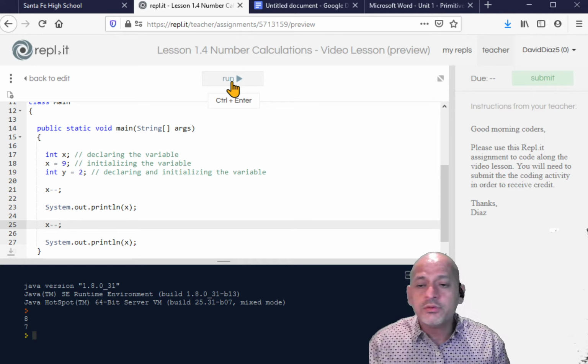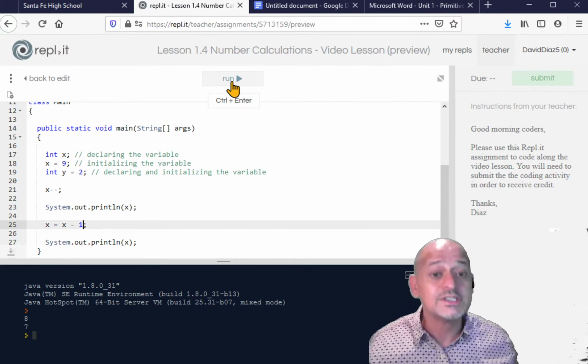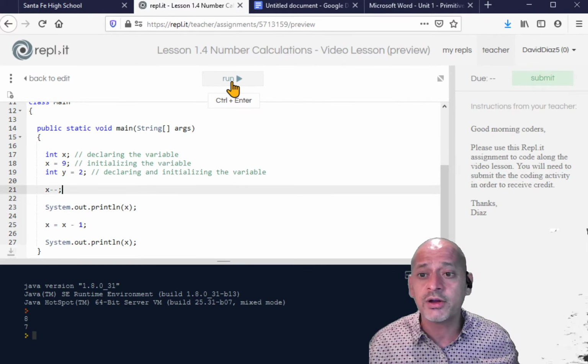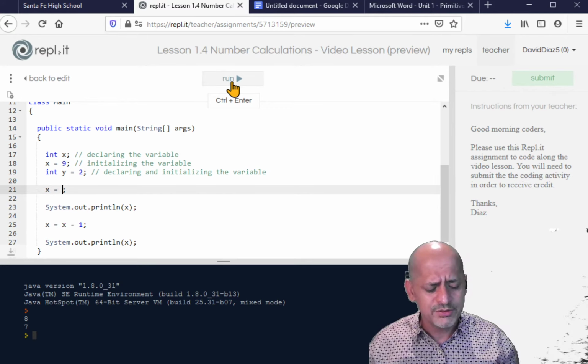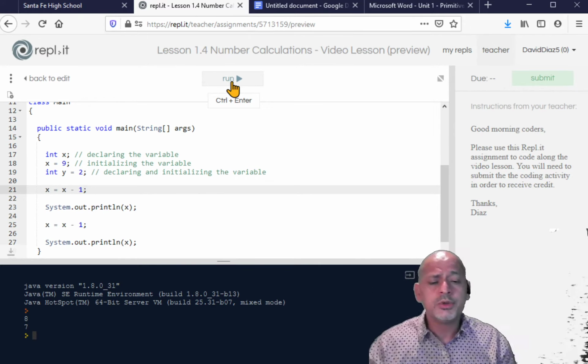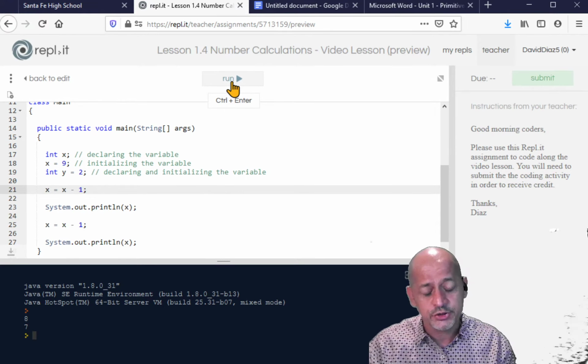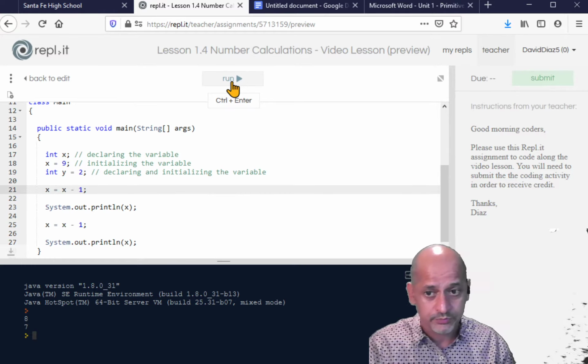Now, if you want to do it the longer way, be my guest. Will it still get it correct? Yes, it's perfectly okay. But after a while, you want to get a little faster at this. Remember, in computer science, you want to learn all the shortcuts. Not the shortcuts of the shortcuts like the keyboard shortcuts.